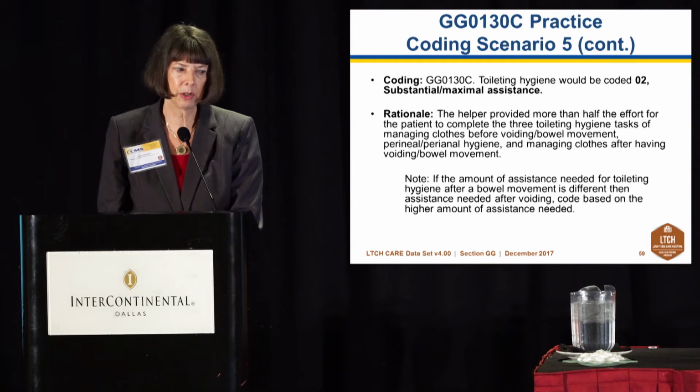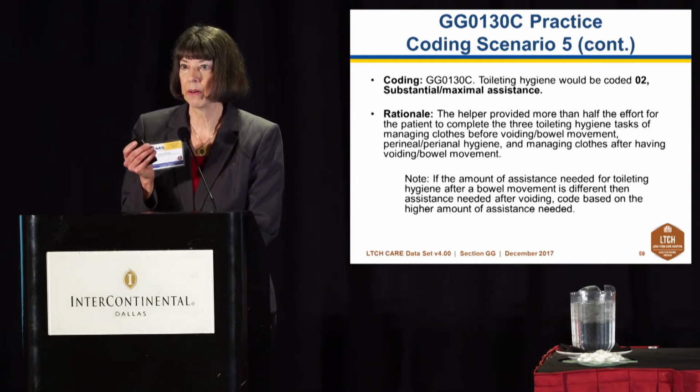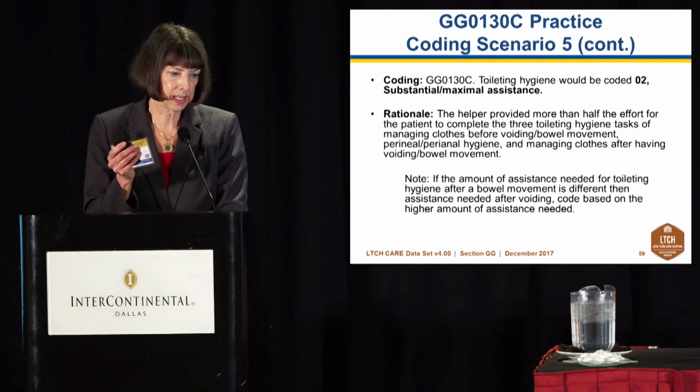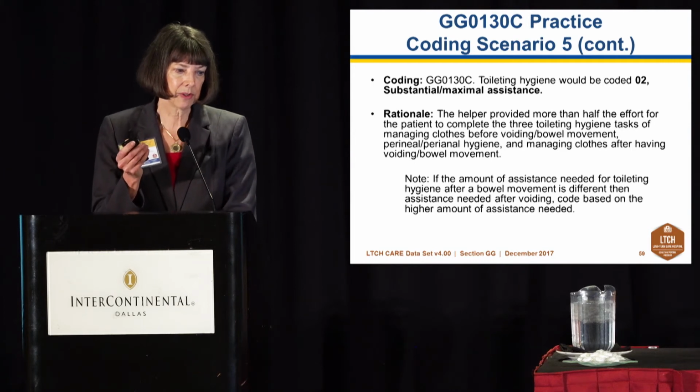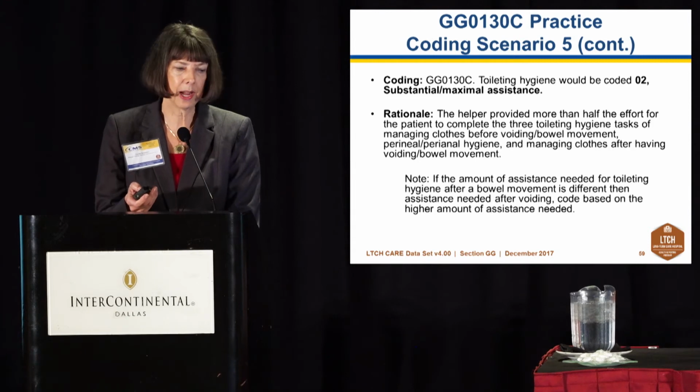So we want you to note that if the amount of assistance needed for toileting hygiene after a bowel movement is different than the amount of assistance needed after voiding, urinating, then code based on the higher amount of assistance needed. Okay?